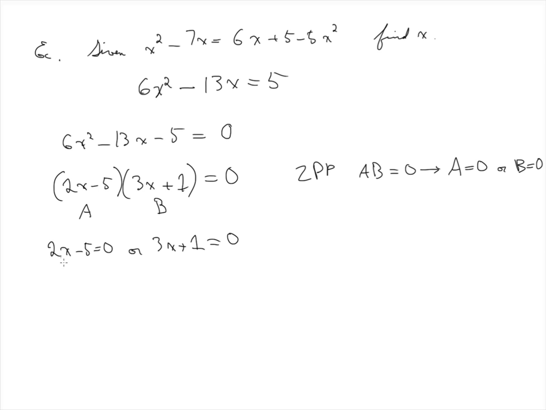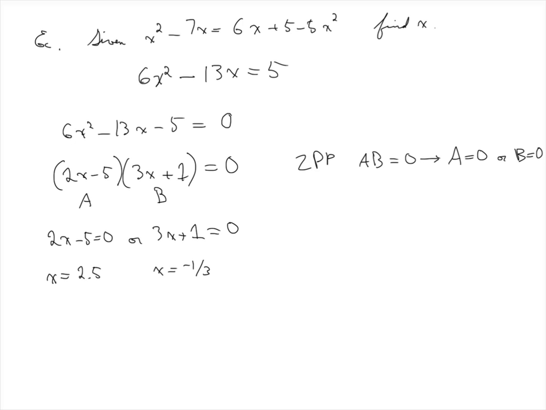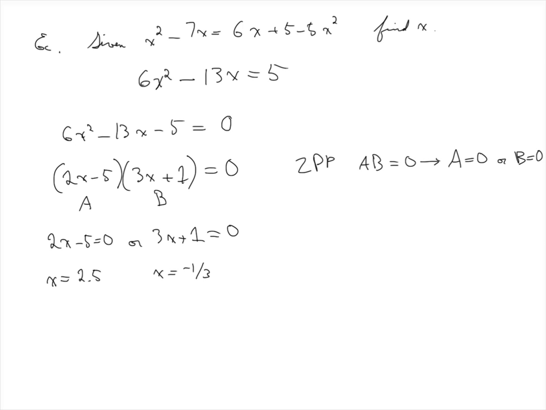So in this case, 2x equals 5, or x is equal to 2.5. And solving this one, we get x is equal to negative 1/3. So this means that we have solved the quadratic equation.